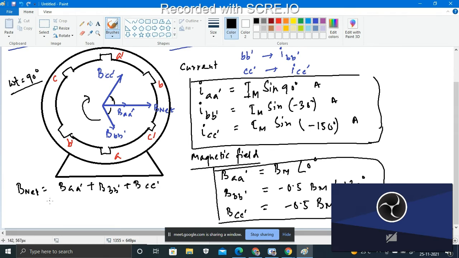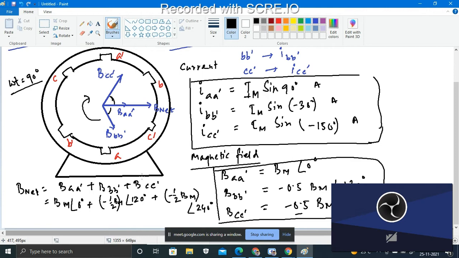We put in the values: Bm at an angle of 0 degrees, plus minus half Bm at an angle of 120 degrees, plus minus half Bm at an angle of 240 degrees.